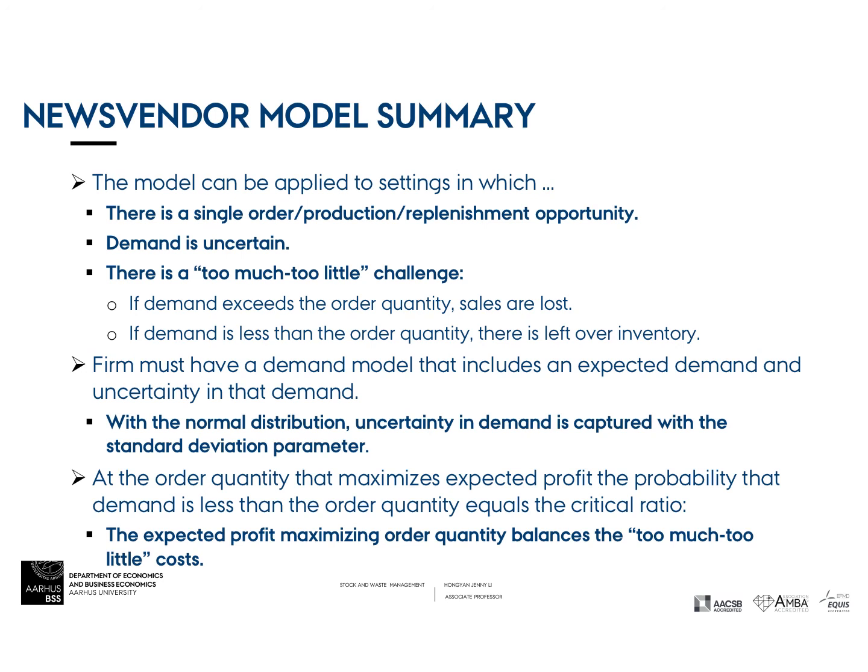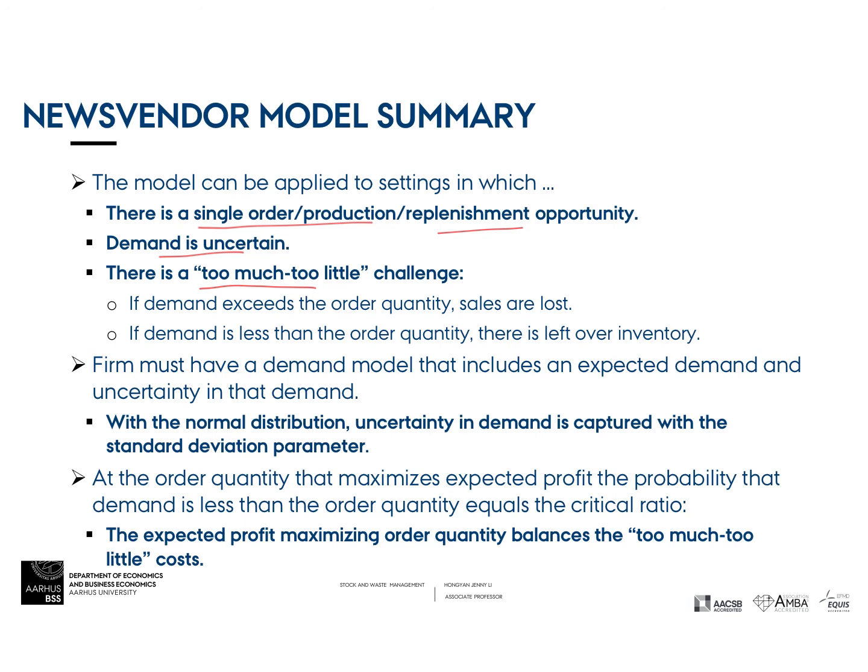The newsvendor model can be applied to settings in which there is a single order or production opportunity. So basically you have no chance to replenish your inventory. And demand is uncertain, and there is a too much or too little challenge. So if you order too much or too little, they both make for a negative profit for your company.